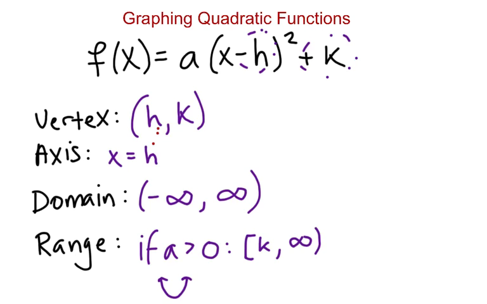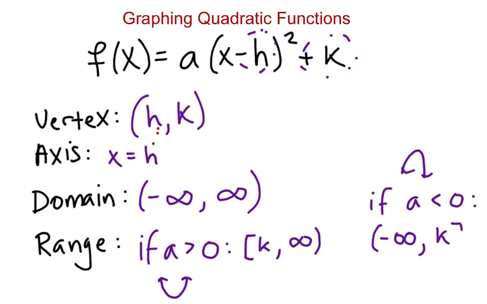And that k is really just the y value of the vertex. In contrast to that, if a is less than 0, that means our graph is facing down. The range would be from negative infinity to k. So that might be a little bit confusing, but we'll look at an example to clarify. So this is the vertex form.